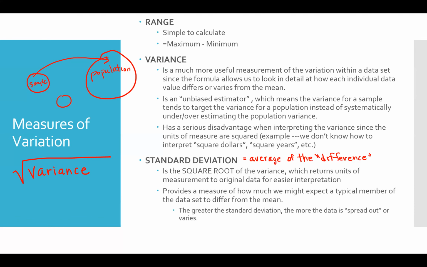Again, the greater the standard deviation, the more the data is spread out or varies. So you've got to think about it: is this a small value or is this a big value? And again, it may be relative to your data set. But the bigger or the higher the standard deviation, the more the data is spread out. Standard deviation, guys, is never negative.